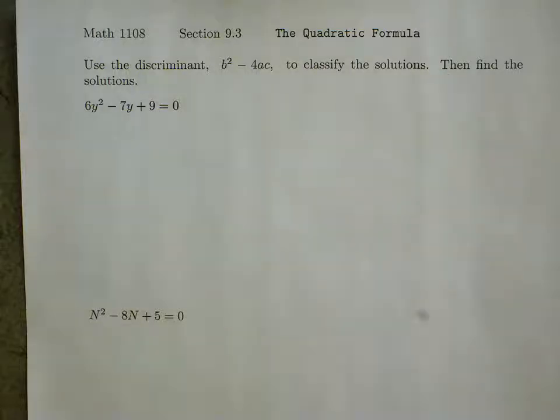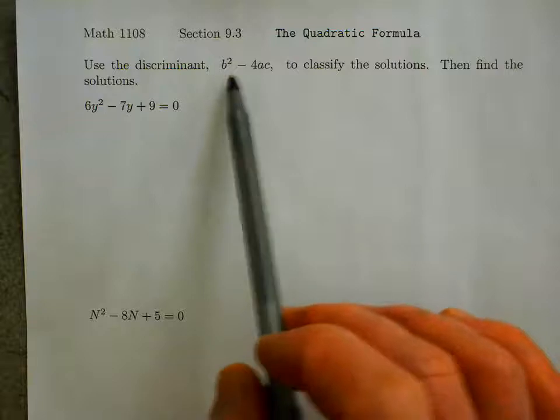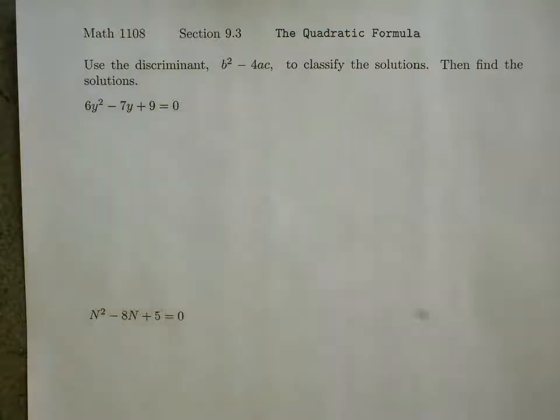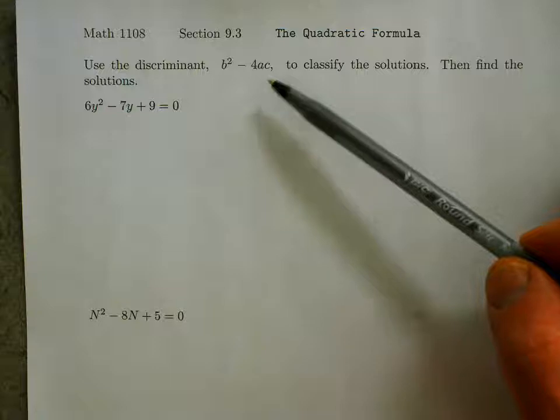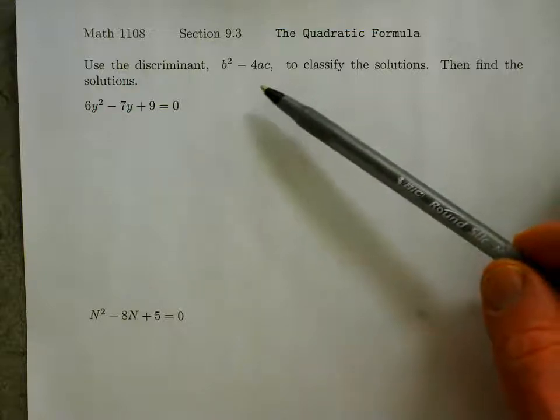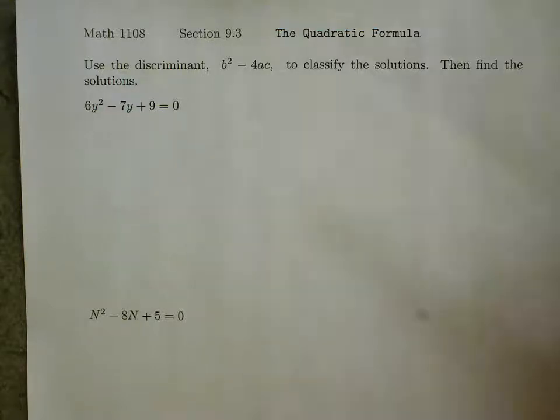If the discriminant is positive, there are two different or two distinct real solutions. If the discriminant is negative, there are two different or two distinct non-real solutions. And then the third case, if the discriminant is 0, there are two repeated real solutions.